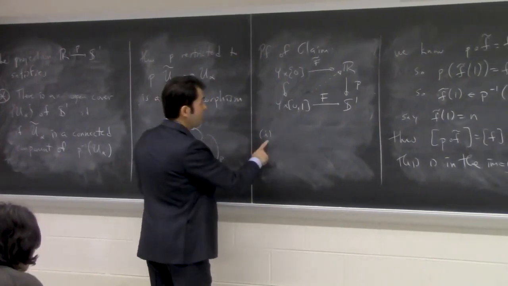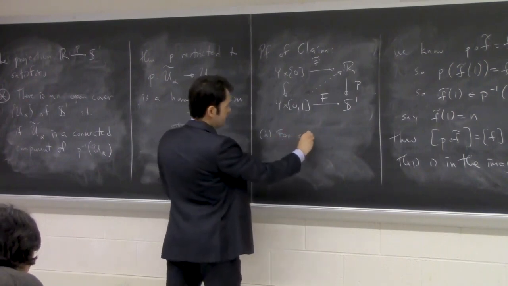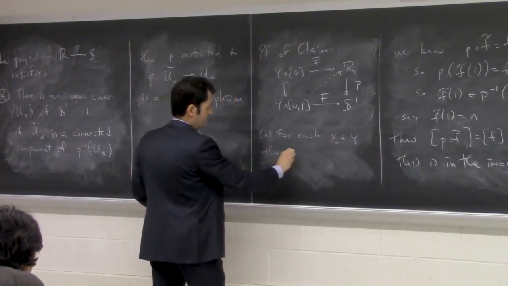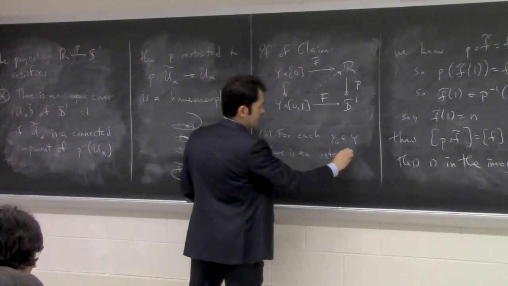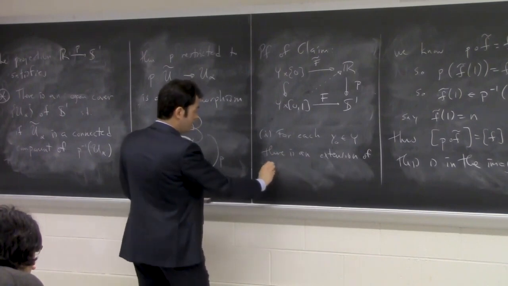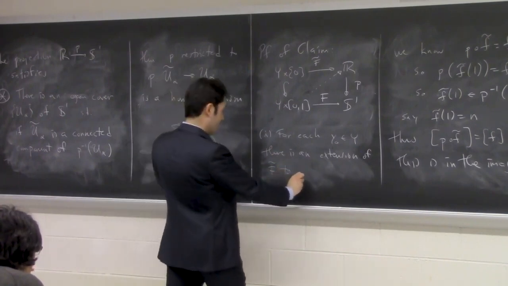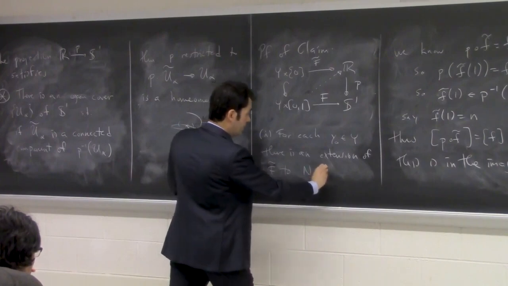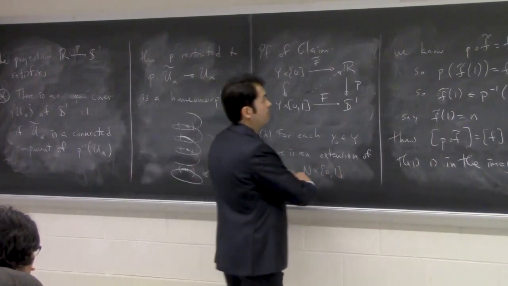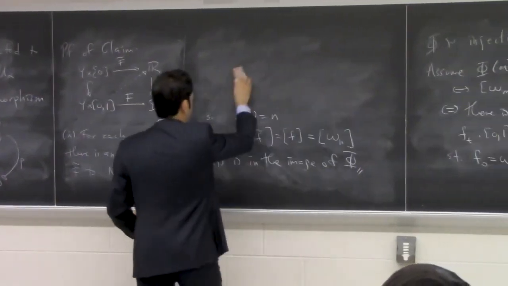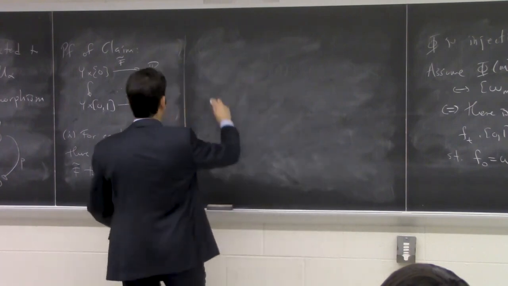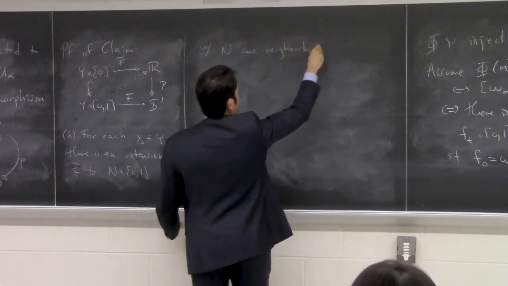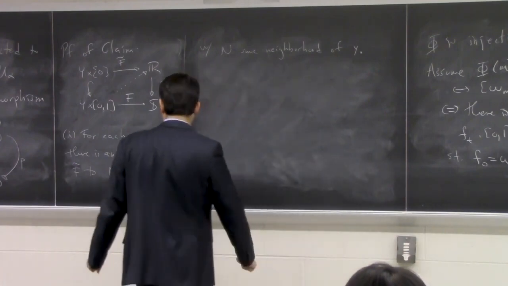OK, so first, for each y naught in y, there is an extension of this F tilde to N cross 0, 1 with N some neighborhood of y naught.